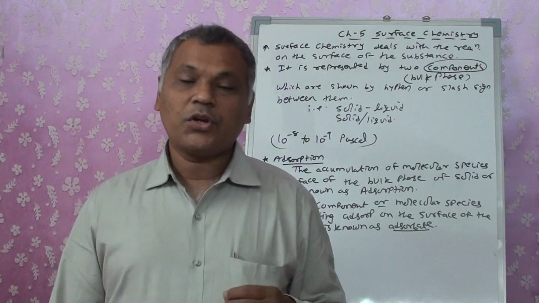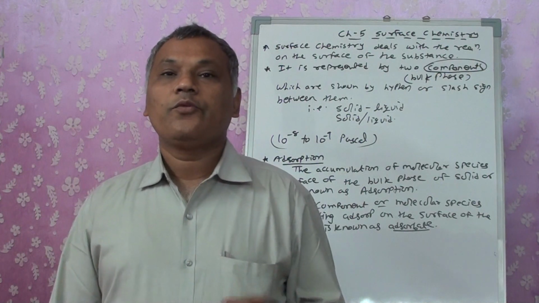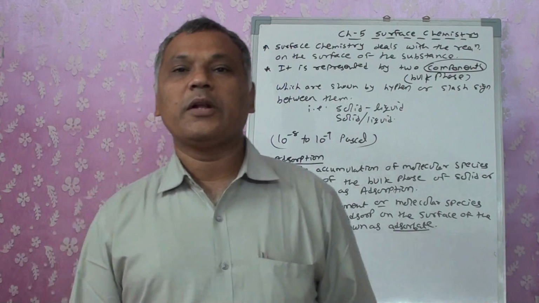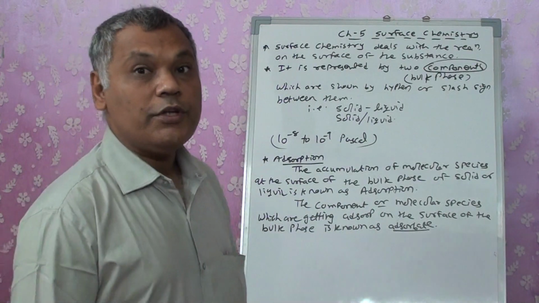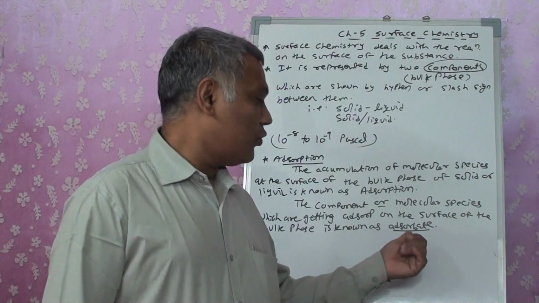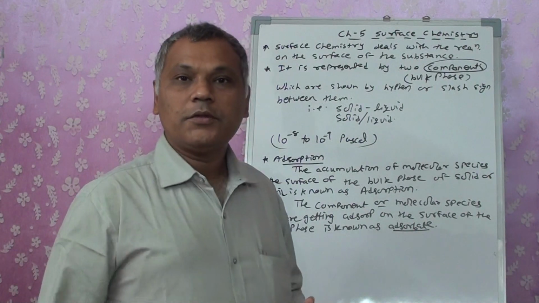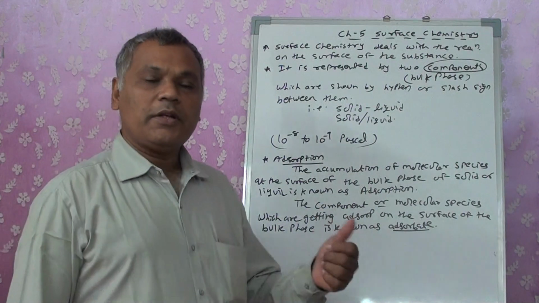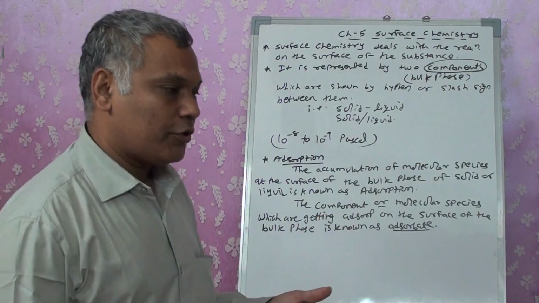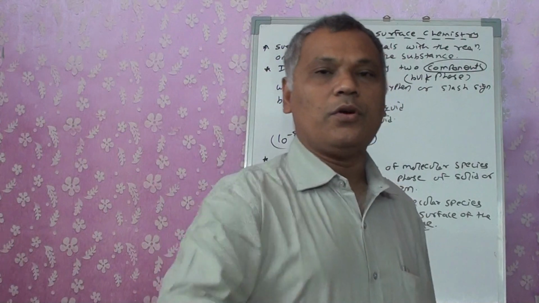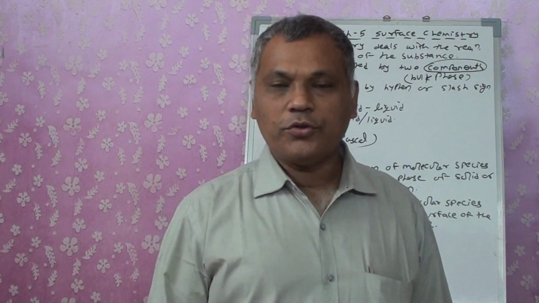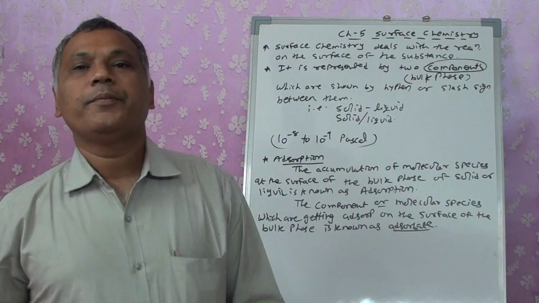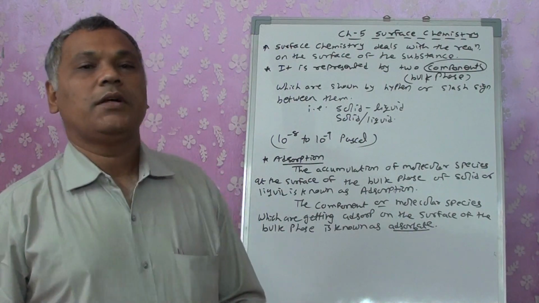But because this is not a homogeneous mixture, we can't use the words solute and solvent for these two bulk phases. So we use the word adsorbate, the one which is getting adsorbed on the surface. In the definition of the solution, we wrote that the one which gets dissolved is the solute. In place of that, we say the one which gets adsorbed is known as adsorbate.